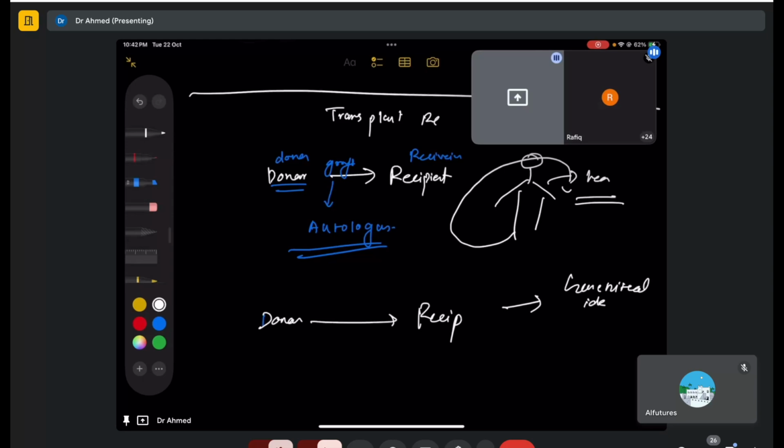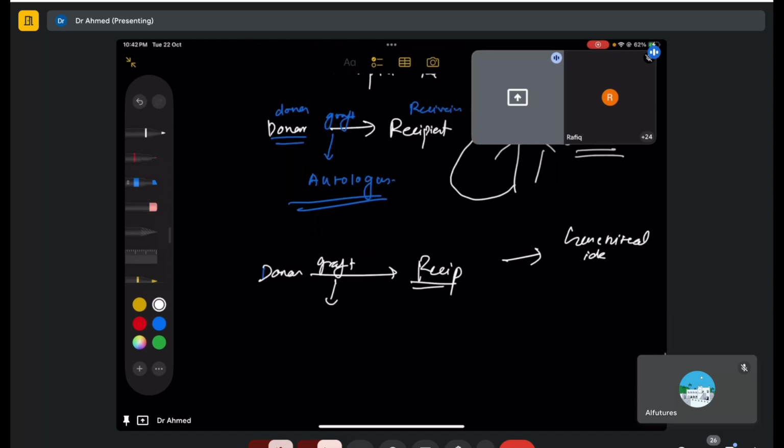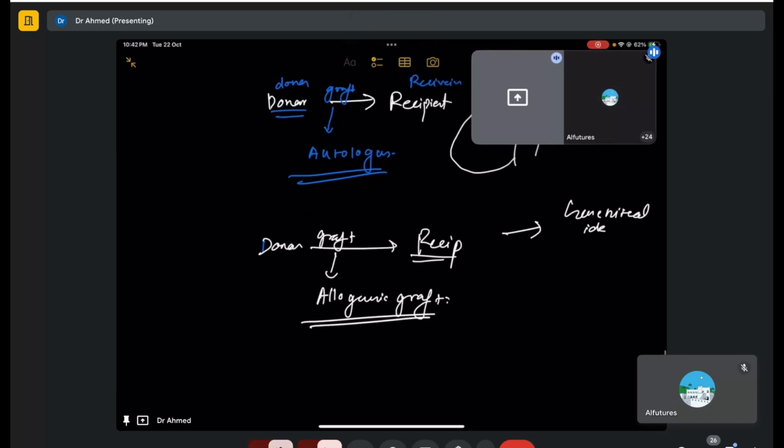So if this donor is giving a graft to an individual of the same species but genetically non-identical, it would be an example of allogenic graft. We are mostly going to deal with allogenic grafts in this discussion, because if they aren't genetically identical, they can have increased chances of rejection, which would be our next topic.